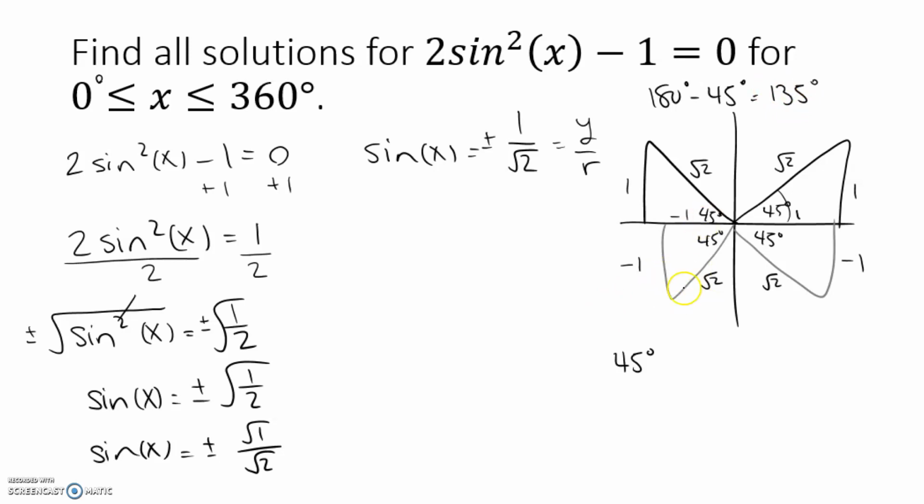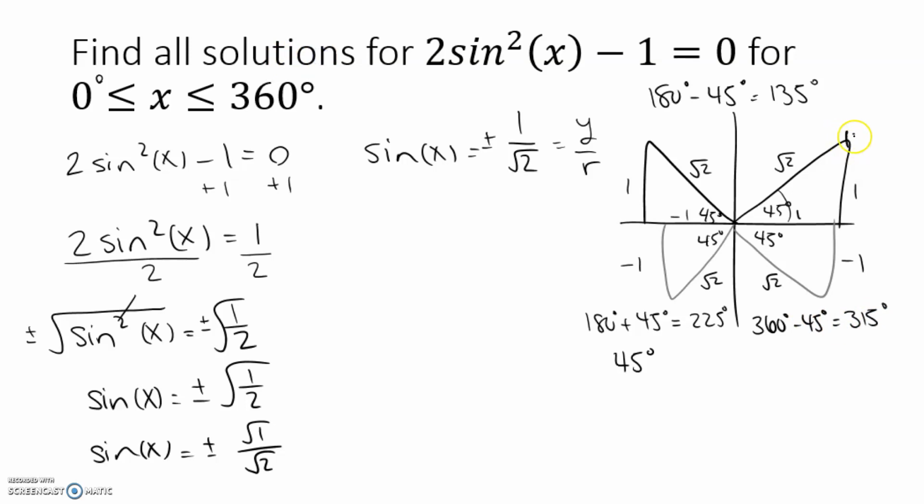For the angle in the third quadrant, we would have 180 plus 45, and that would give us 225. And then for the fourth quadrant, we would have 360 minus 45, and that would give us 315.